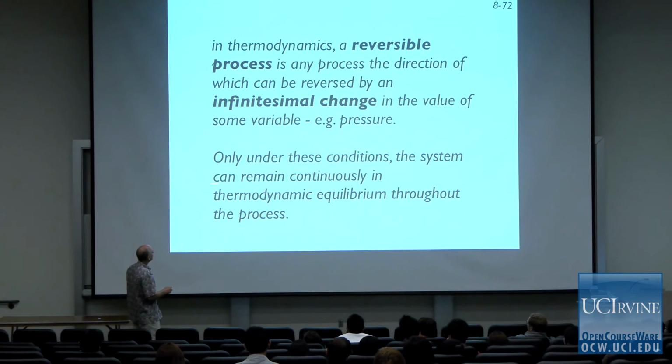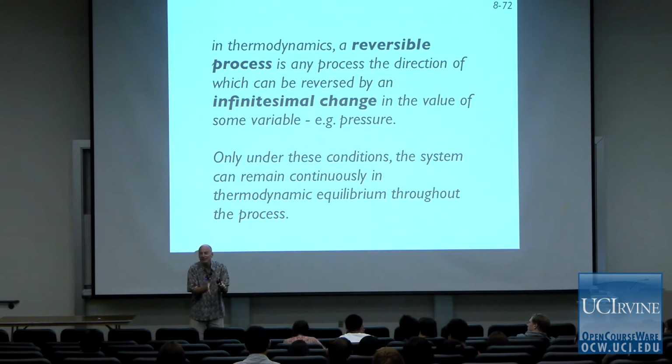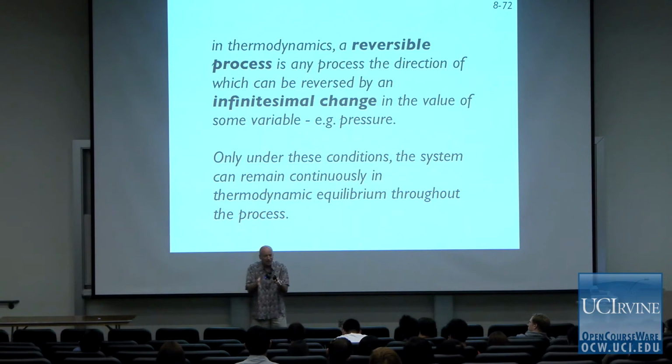Only under these conditions can the system remain continuously in thermodynamic equilibrium. In other words, if I compress the piston at any macroscopically observable rate, even if you try to do it really slow, you're not doing it slow enough. You're introducing losses, dissipation. Energy's getting lost. Why?